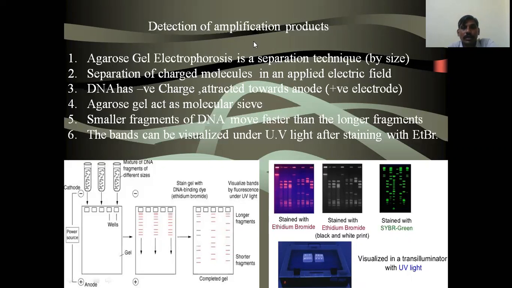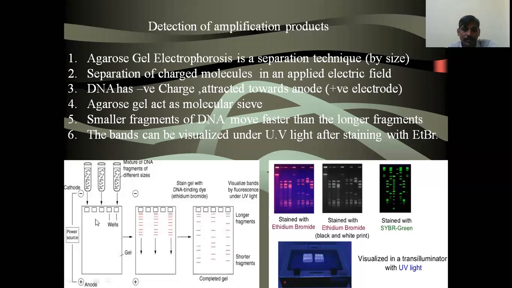When the final PCR DNA molecules are placed in the wells of the gel, the smaller fragments of DNA move faster than the longer fragments, because the agarose gel acts as a molecular sieve. It acts as a sieve, and smaller fragments move faster than the longer fragments. The bands can be visualized under UV light after staining with ethidium bromide.